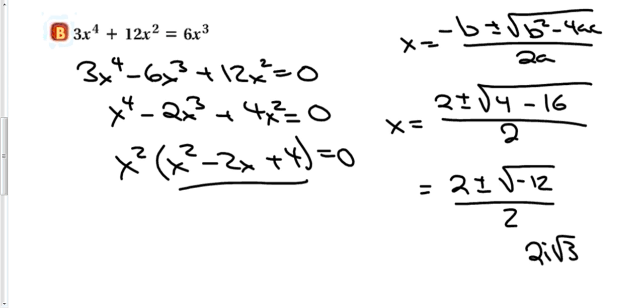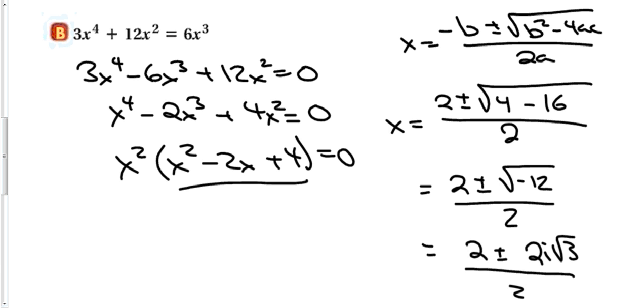So the square root of negative 12 simplifies into 2i square root 3. Bring down the rest of the problem. We have 2 plus or minus that over 2. And then I can simplify this as 2 fractions. 2 over 2 turns into 1, plus or minus 2i radical 3 over 2 turns into i radical 3 as well.